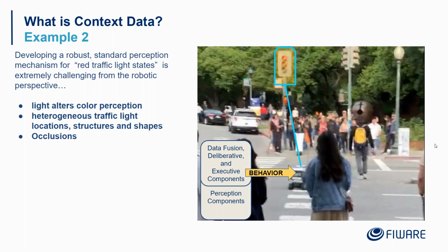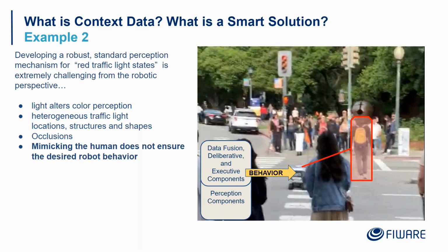Maybe the light alters the color perception, maybe the traffic light is positioned in a place where the robot is not able to find it, or maybe it is occluded because of another object or because people are in front of the robot. The other point, mimicking the human, does not ensure that the desired robot behavior will occur.